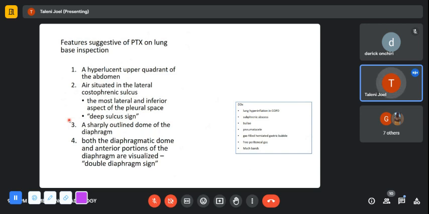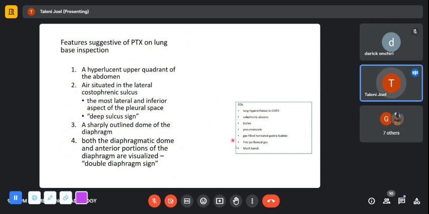If the dome of the diaphragm is sharply outlined by air, that is also a sign of a pneumothorax. And then if you're able to see both the diaphragmatic dome as well as the anterior portion of the diaphragm, which is known as the double diaphragm sign, that is also suggestive of a pneumothorax.